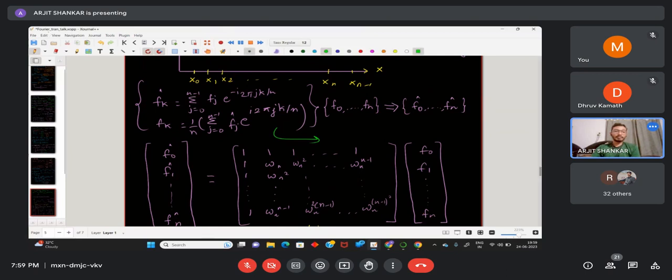If I remove the e to the power of minus i 2 pi by n, f hat will just become sigma j equal to 0 to n minus 1, fj omega to the power of j times k. Similarly, fk will become 1 over n sigma j equal to 0 to n minus 1 fj hat, again omega to the power minus j times k.